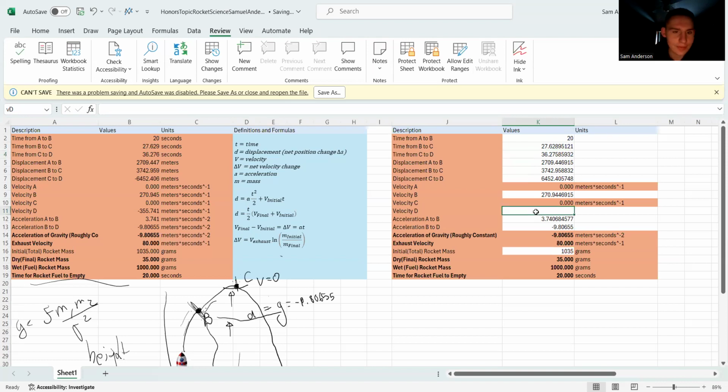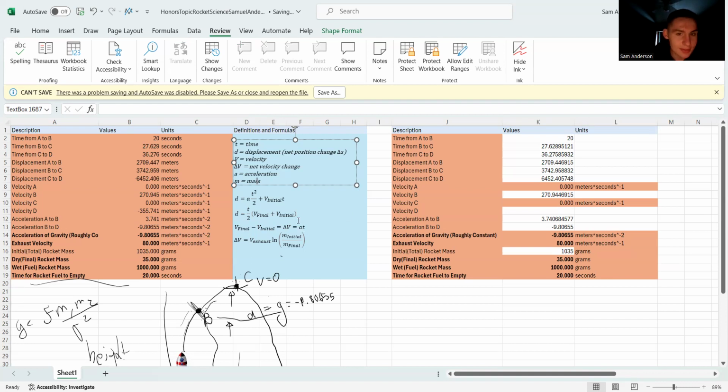Now for velocity d, we will use time c to d. We will use the fact that the change in velocity is equal to acceleration times time. So our final velocity at point D is going to be equal to the change in velocity plus the initial velocity, which is going to be AT plus V naught, or acceleration times time plus the velocity at C, which is 0.